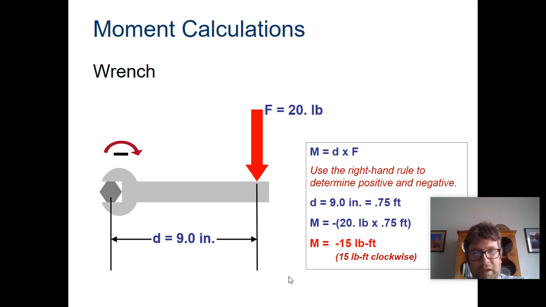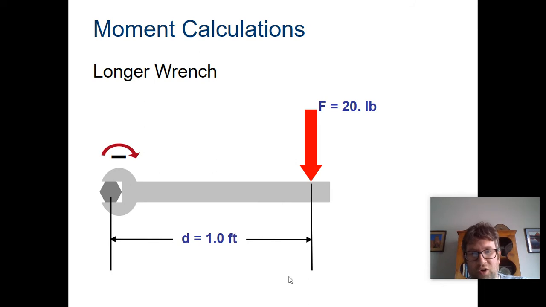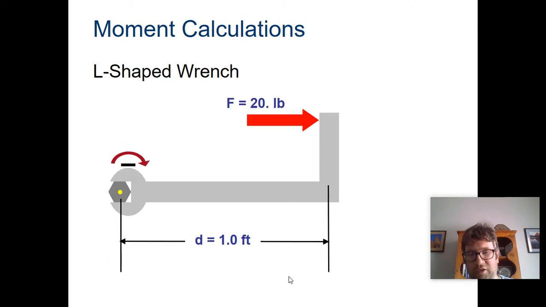Okay. So if I have a longer wrench, all right, again, 20 pounds times 1 foot, and I'm going to do the same thing. Okay, now with an L-shaped wrench, all right, notice how the direction of force is perpendicular to the motion.